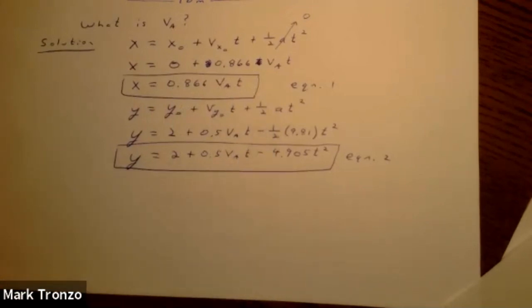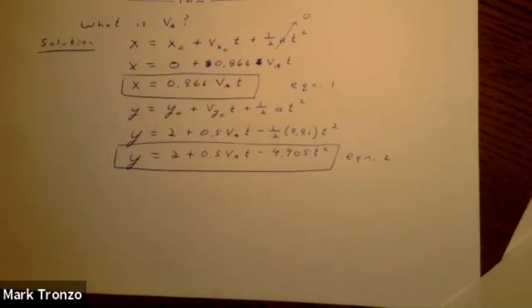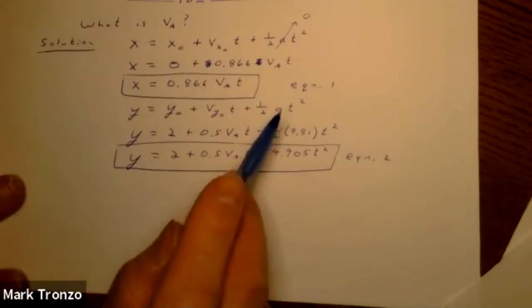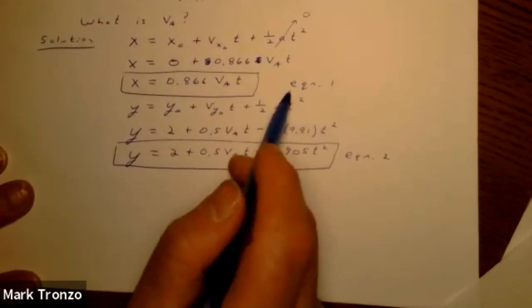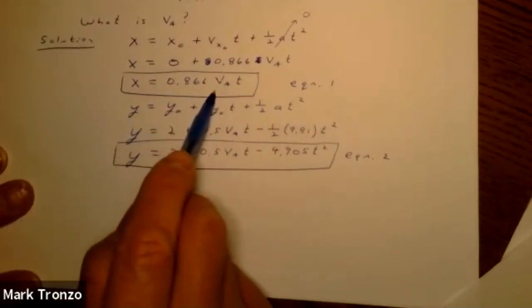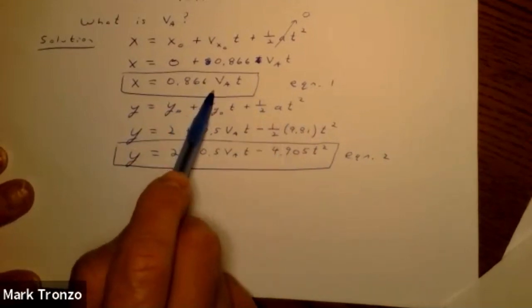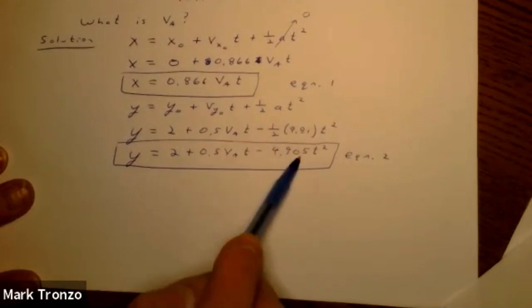That's going to give us an equation that relates y and x. This will work on almost all these other projectile problems, whether you're shooting from a height, landing at an angle, or landing on a hillside. This will always work.